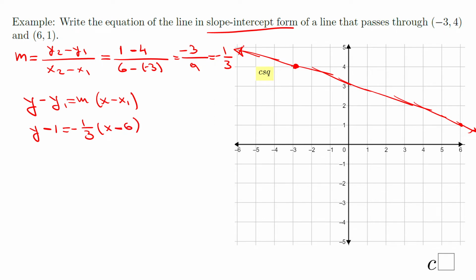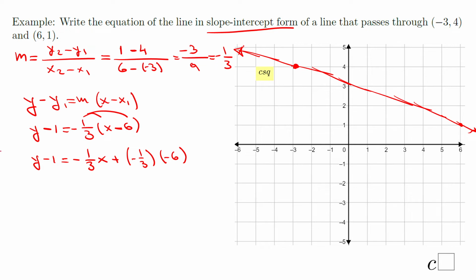You don't want to multiply by 3 here because you need the slope-intercept form. What you want to do is the distributive property now. So we have y minus 1 equals negative 1 over 3 times x, which is negative 1 over 3 x. And I'm going to put a plus here, negative 1 over 3 times negative 6.